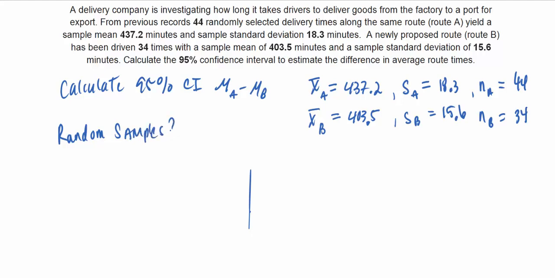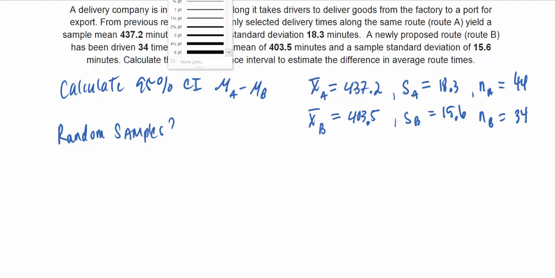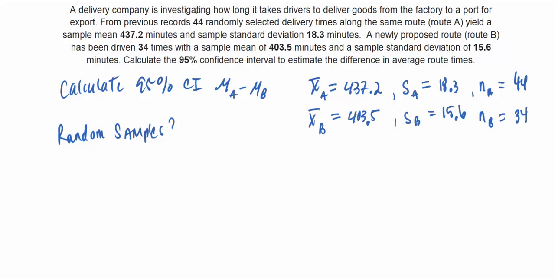In this case, we definitely have random samples, as it's stated up here in the problem. So it says 44 randomly selected delivery times. But then for route B, it just says that it was driven 34 times. So maybe this isn't completely random, but perhaps it's still representative. So we're going to check this off as met.